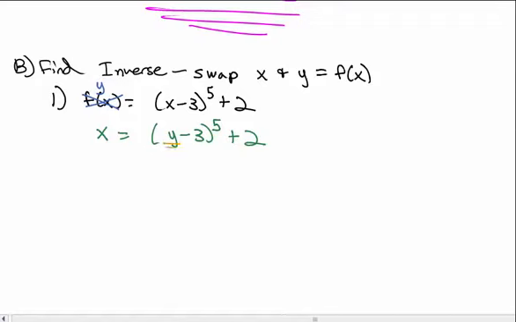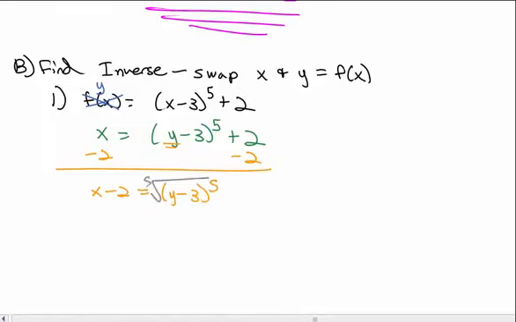Generally, equations are solved for y, so we're going to do that here as well. We're going to solve our function for y. And we do that by subtracting 2 from both sides. x minus 2 equals (y minus 3) to the 5th. Get rid of the 5th power with the 5th root of both sides. 5th root of x minus 2 equals y minus 3.